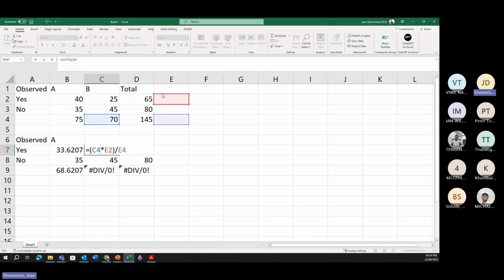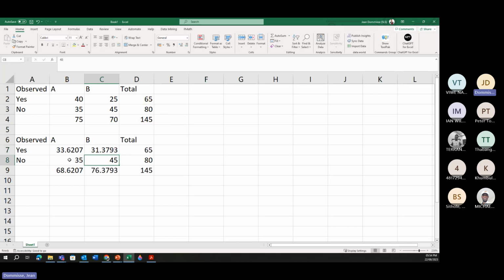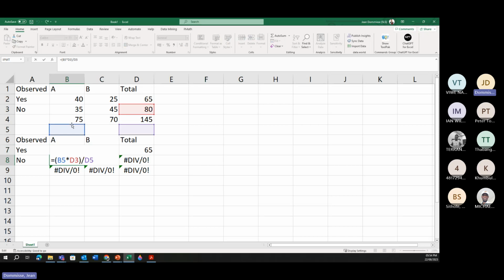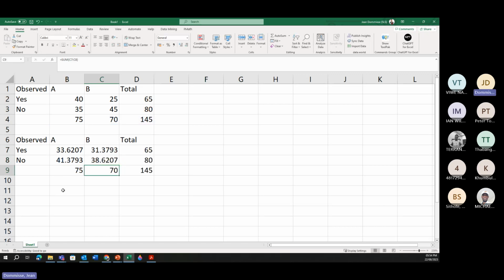Then we need to do that for all of them, so I'm quickly changing the formulas so that we will be able to do that. Okay, this was your observed numbers.